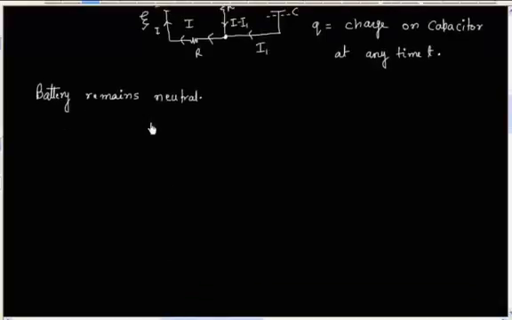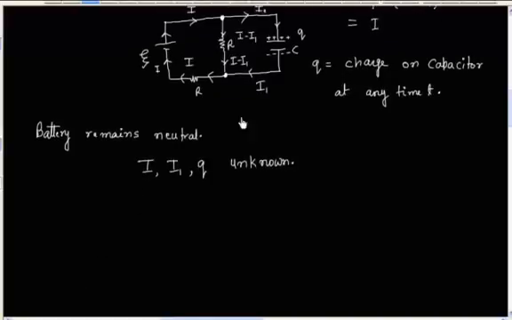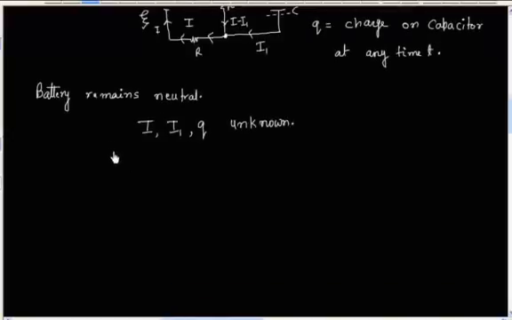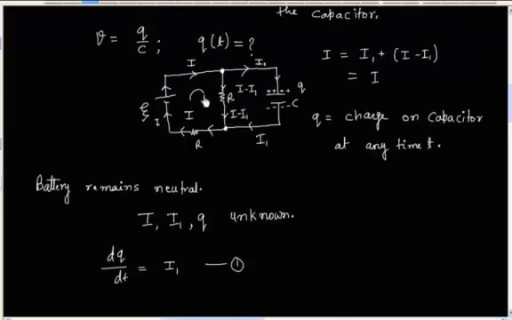Now we have three unknowns, I, I1 and Q. We can write three equations to solve this. The first equation we can write is dq by dt equals I1. And the rest two equations we can write from this circuit and from this circuit.